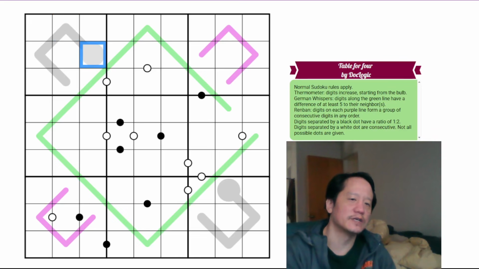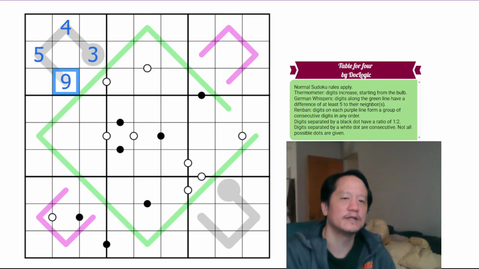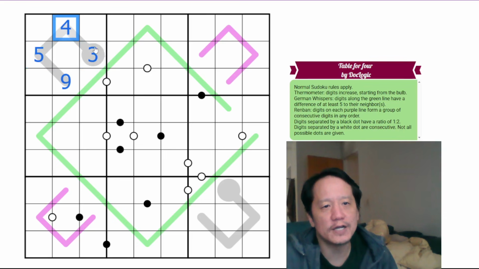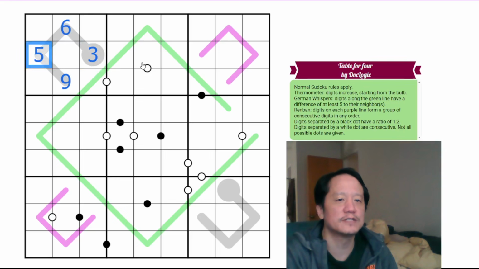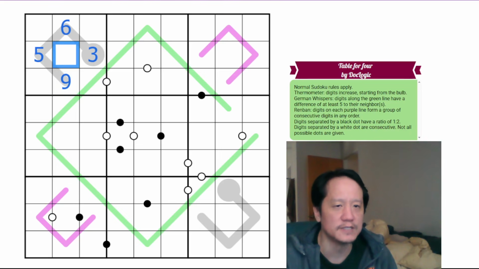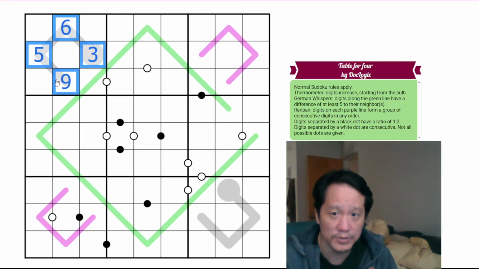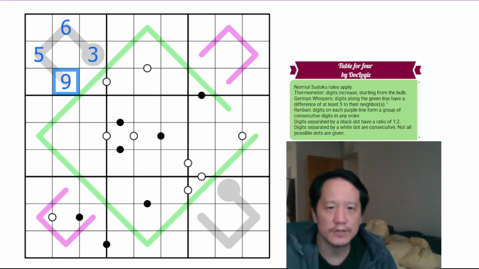So you could have something like 3, 4, 5, and 9, and this would be valid as a thermometer. What you could not have is something like 3, 6, 5, or 9, because it's not increasing from the 6 to the 5, and it must be continuously increasing from the bulb to the tip. And that's an example of how thermometers work.